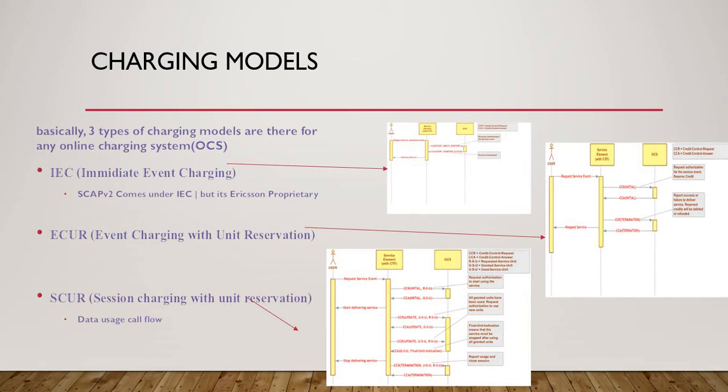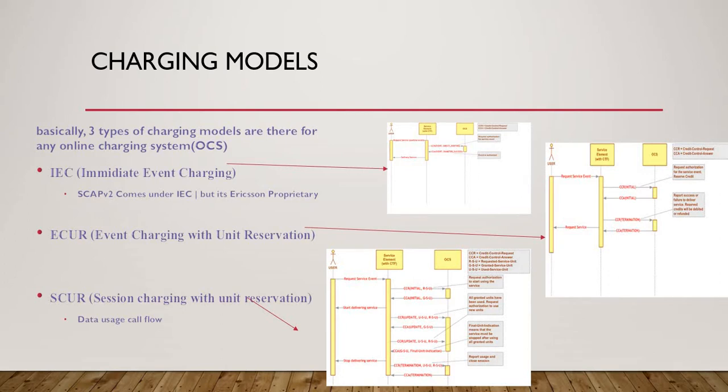If the amount is there in the balance, it will be deducted, and the confirmation will come back to the service provider, and the service provider will give the confirmation to the user, and then start delivering the service. In this model, the limitation is that there is only one shot.